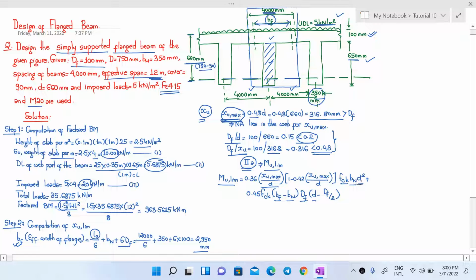So this is not 650, 660. If we insert all the values, you will get the value of Mu limiting as 1835.43 kilonewton meter.